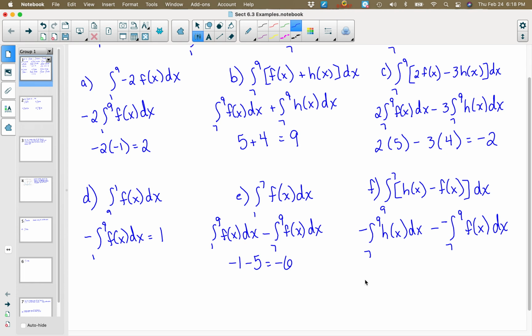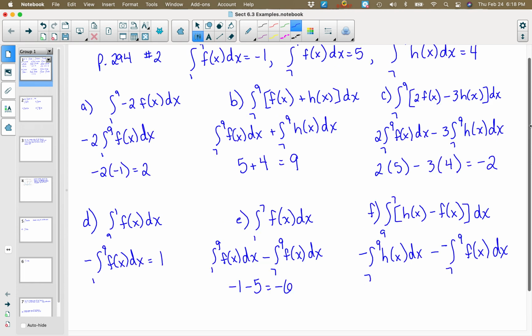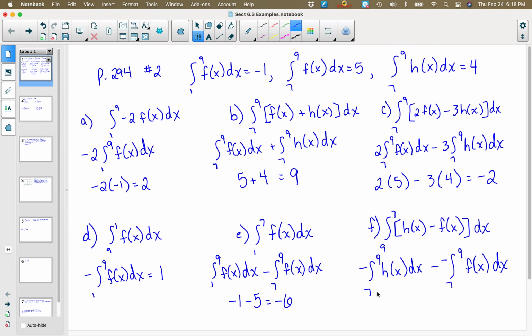So then we're going to end up with, now I lost my given values. We're going to have this first one, -4 minus a negative, so it's going to be plus, from 7 to 9 was 5, so we get 1.